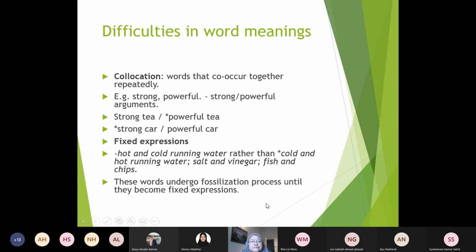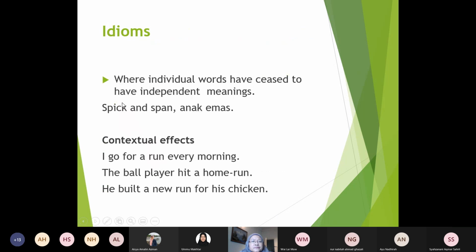So fixed expressions. And then we have idioms. Idioms are proverbs, sayings, where individual words have ceased to have independent meanings. So for example, spick and span. Basically it means tidy. It doesn't mean a combination between the meaning of spick and the connective and span.